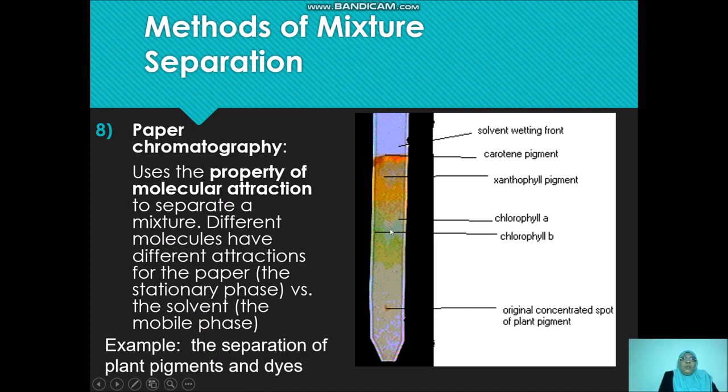Why can one be separated from the other? Because they have different attraction to the paper. So chlorophyll B has lower attraction for the paper, but here is the higher one.